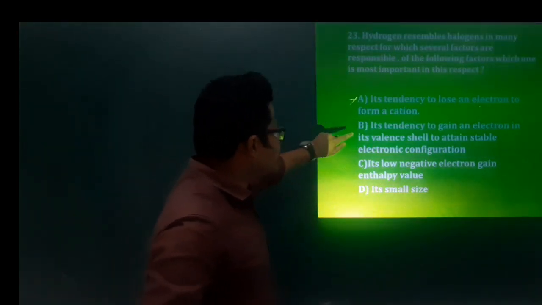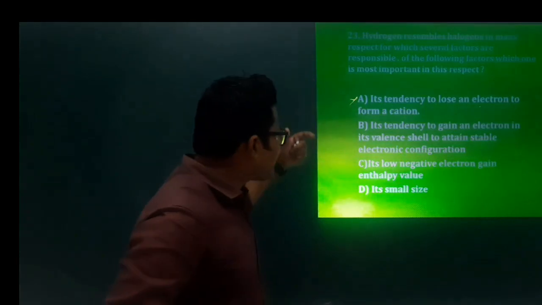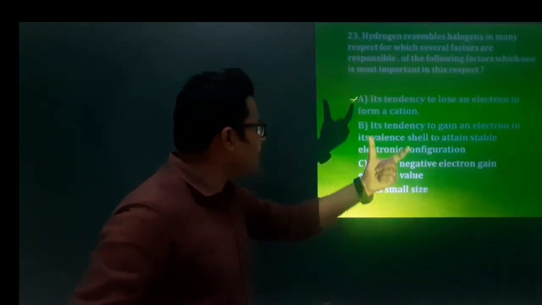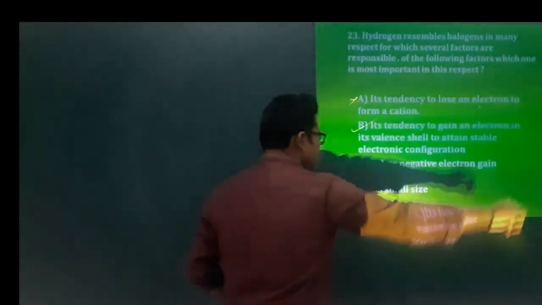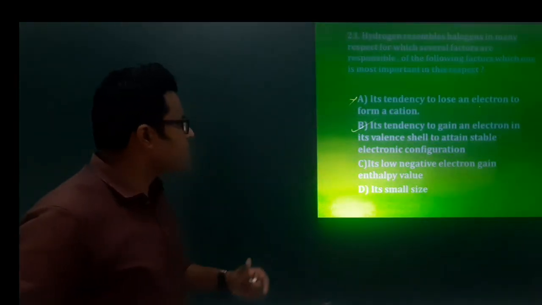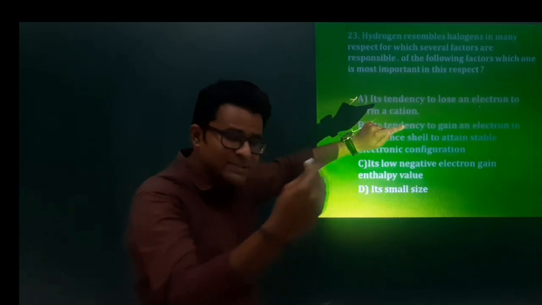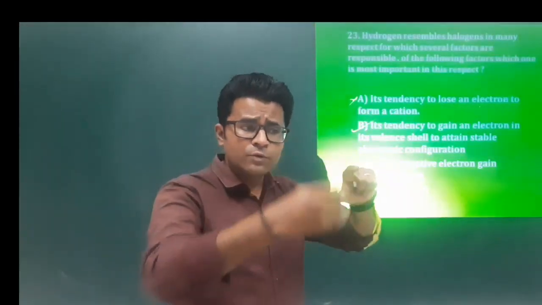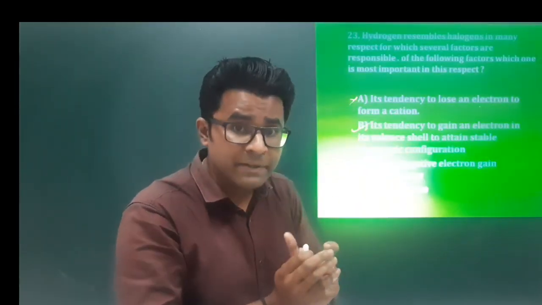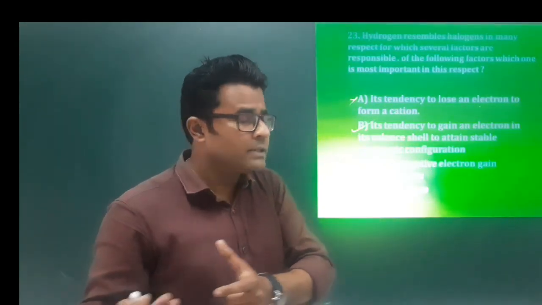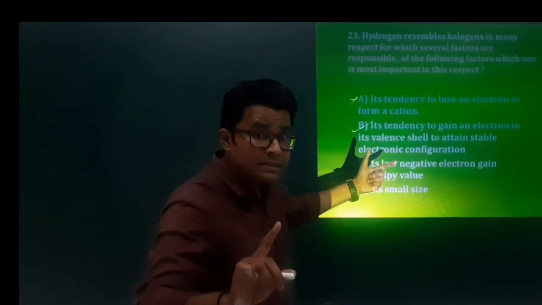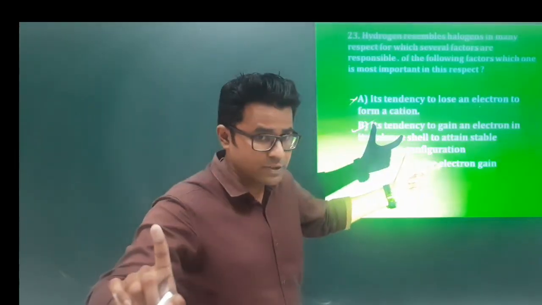Second one, its tendency to gain an electron in its valence shell to attain stable electronic configuration. Yes. Here, if we observe, it accepts the electron, and the electron goes into the outermost shell, which gives the electronic configuration of helium. The same is the case with the halogens.